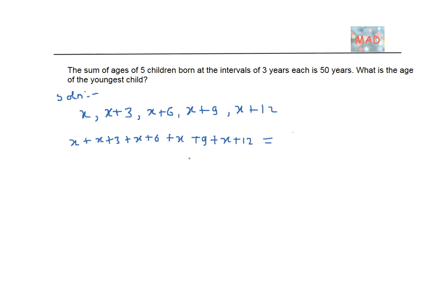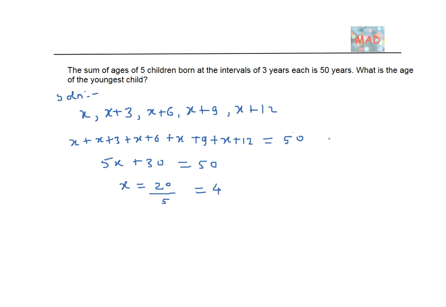Okay, so 5x plus, I have to count this, 9 plus 9 is 18, plus that is 30, so 5x + 30 is equal to 50. x is equal to 20 divided by 5, which is equal to 4. So we got the x value.